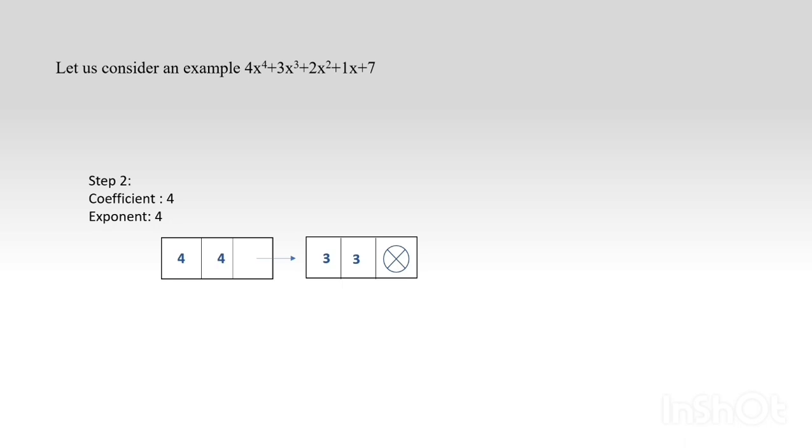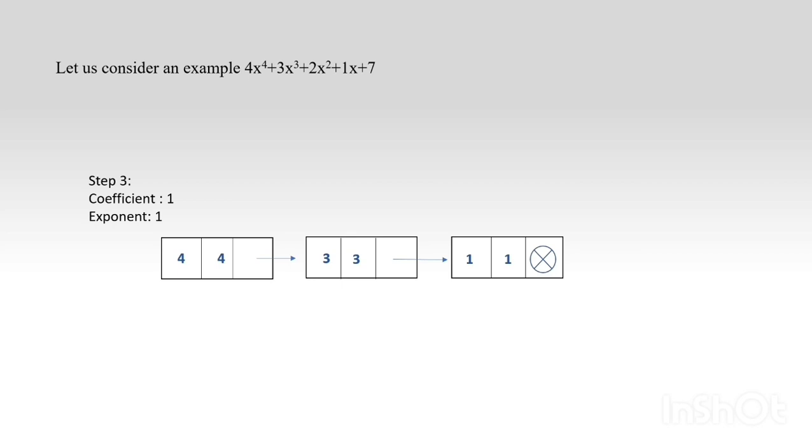It searches, and we see that the first node's exponent is smaller than the new node's exponent, so front insertion is done. The next step, now I am inserting another value.